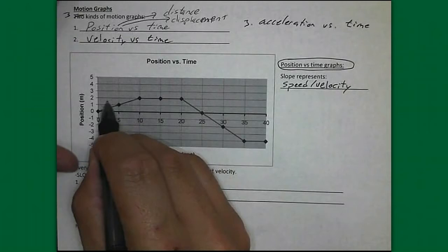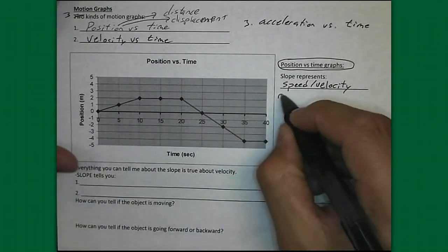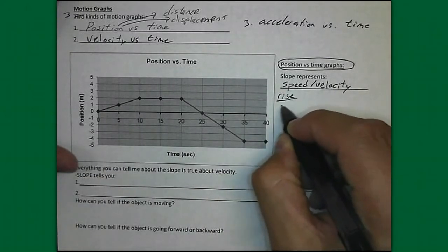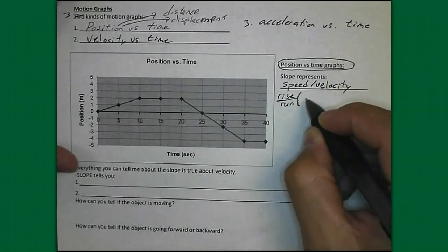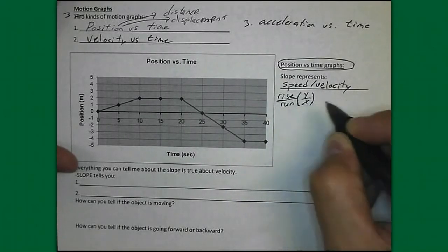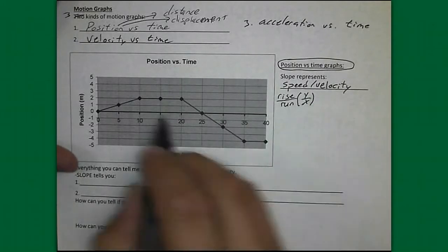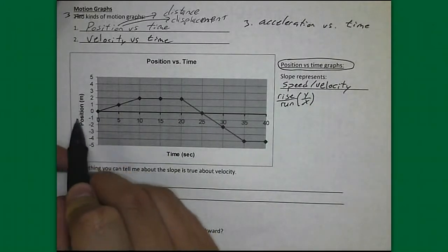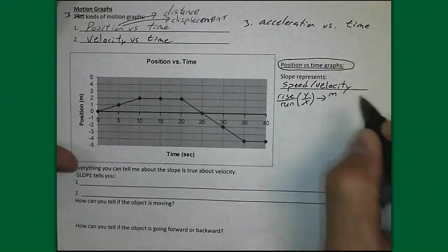If we calculate the slope, for instance, the slope from 0 to 10, we calculate slope by calculating rise over run, which in terms of variables is the y variable over the x variable, change in y divided by change in x. In our case, our y variable is position, and the units for position are meters.